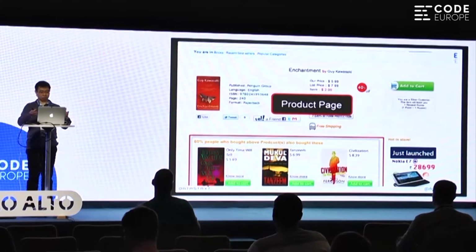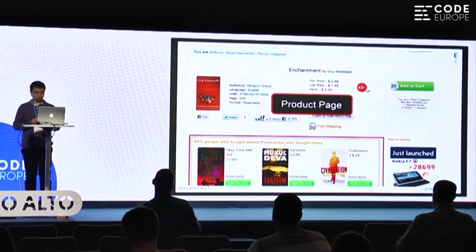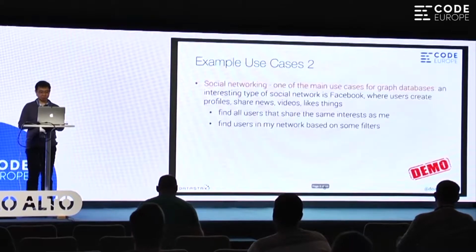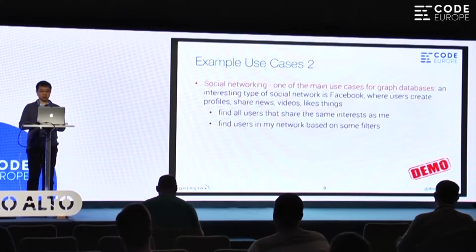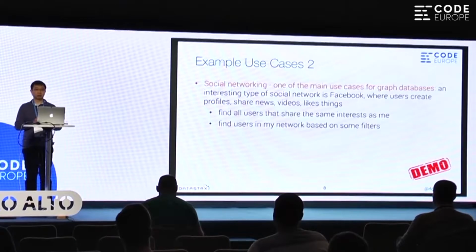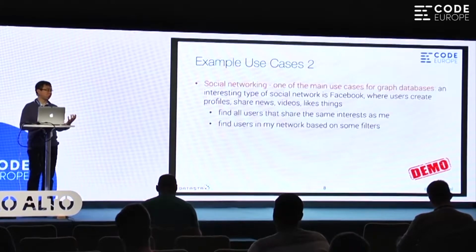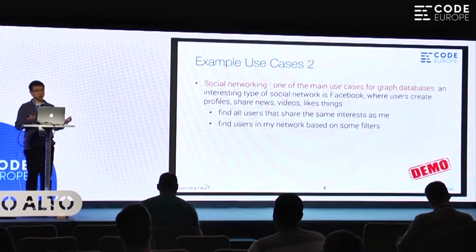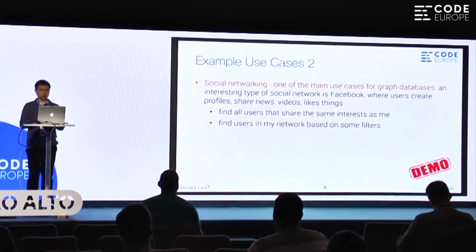Typically, this is this kind of use case. On a web page, you have some recommendations on the bottom. With graph, it is very easy to do that. We'll see a demo later. The second use case is social network, right? For example, you are on Facebook, on Twitter, and you want to find all the users that share the same interests as you, right?